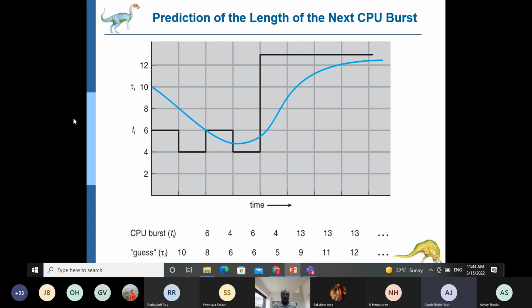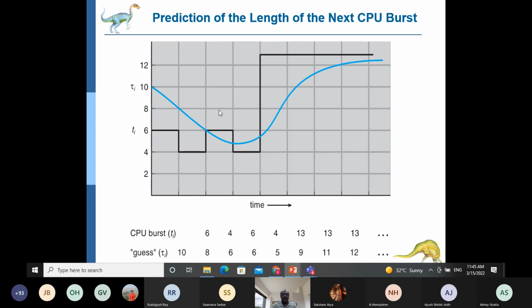Initially we have no idea at all, no history at all. Therefore we just predict some 10 units. But the actual value is 6 only, right? By knowing this, next time we'll predict less. We predict it as 8, but here the actual value is 4, so still less. So the next time we will predict it less. Then afterwards again it will be high, so again it will increase.